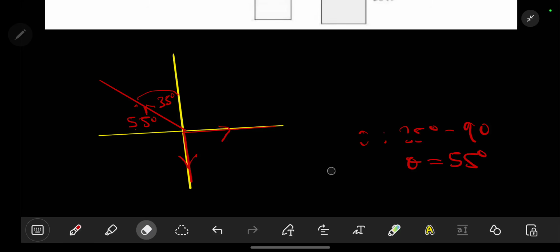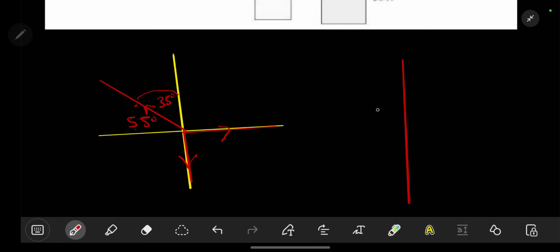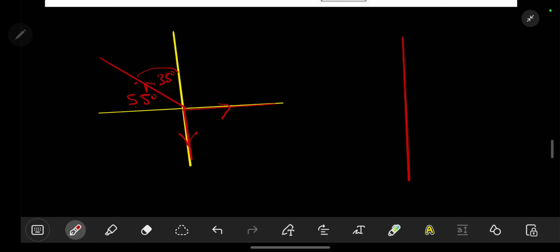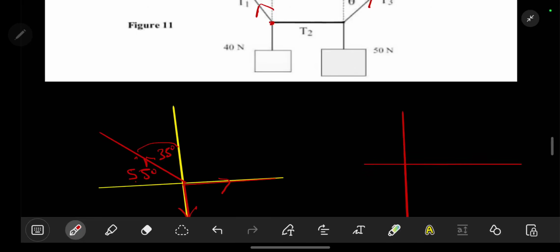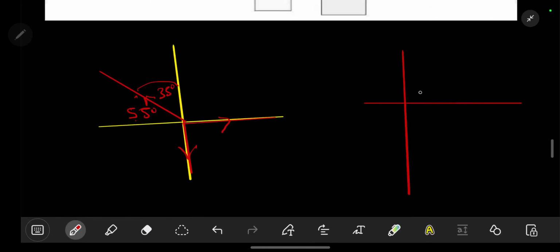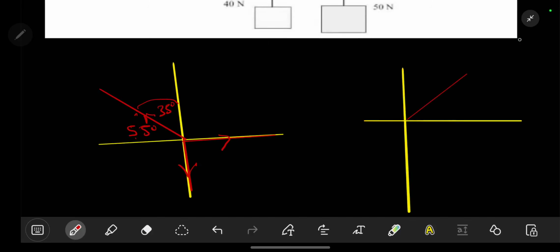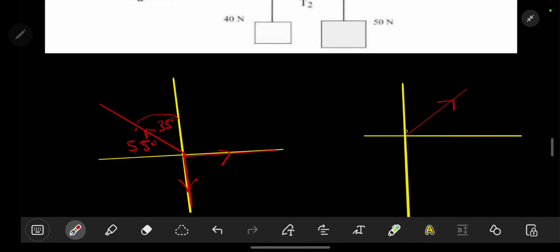So let's also identify this other part. For this other one, we have the same diagram like that. It is going in this direction, so we have something like this. Then we have the angle theta here.